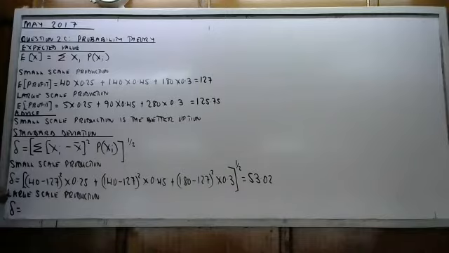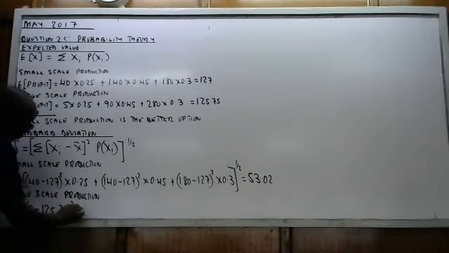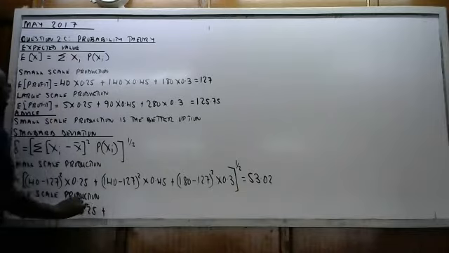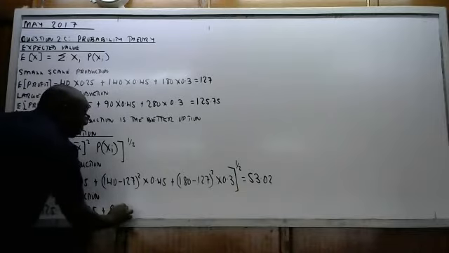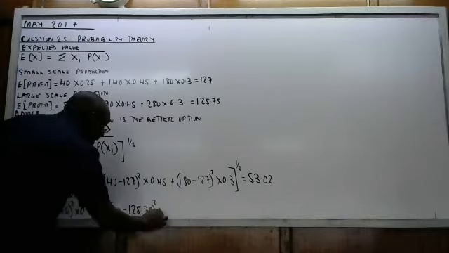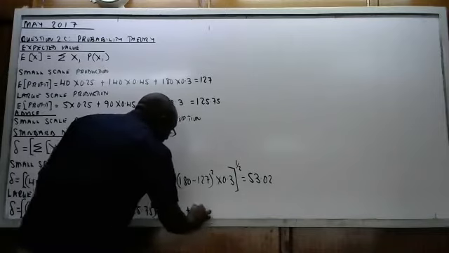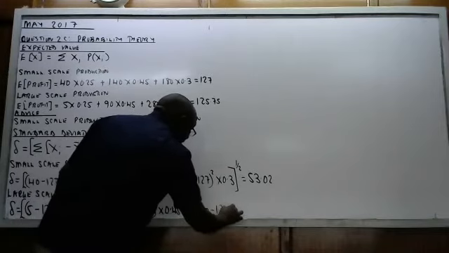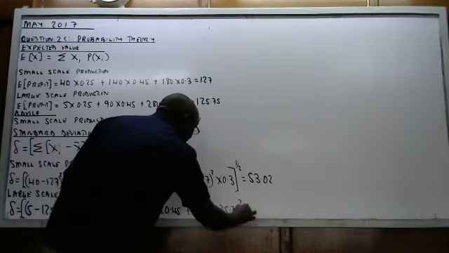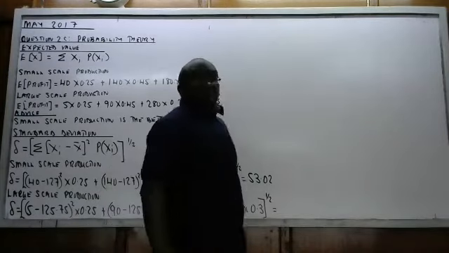It will be 5 minus 125.75 squared multiplied by 0.25, plus 90 minus 125.75, you square, multiplied by 0.45, plus 280 minus 125.75 squared multiplied by 0.3. So work out that.